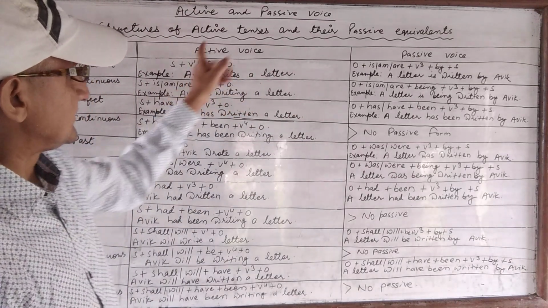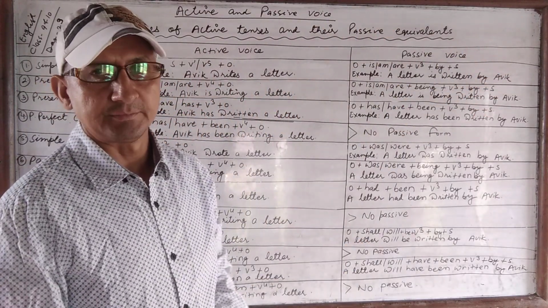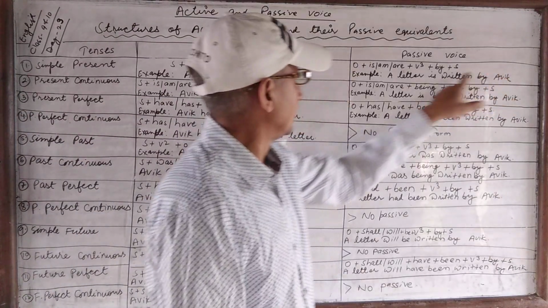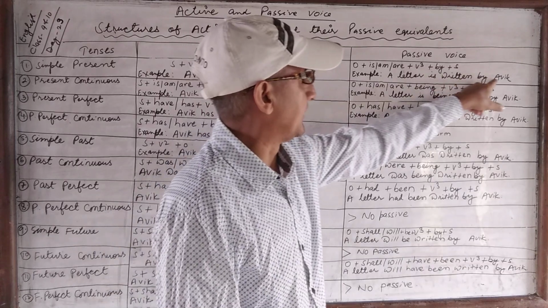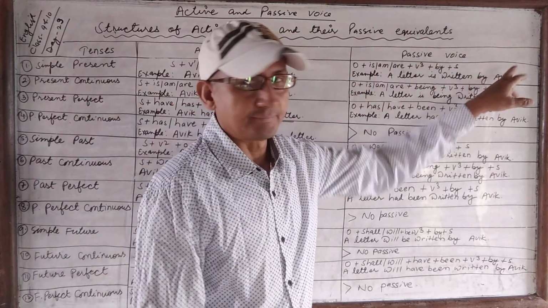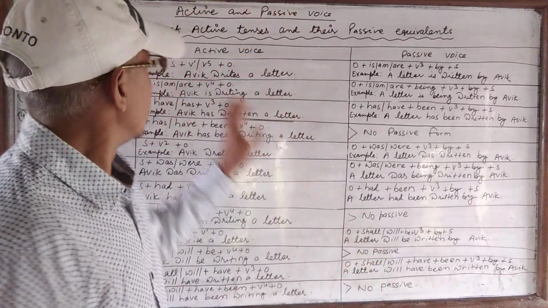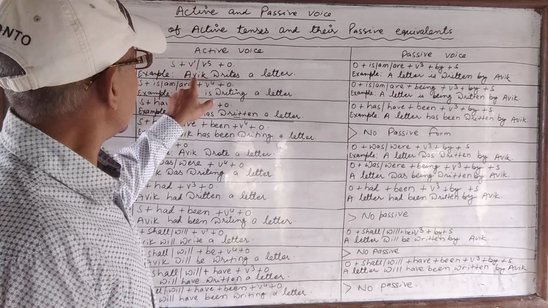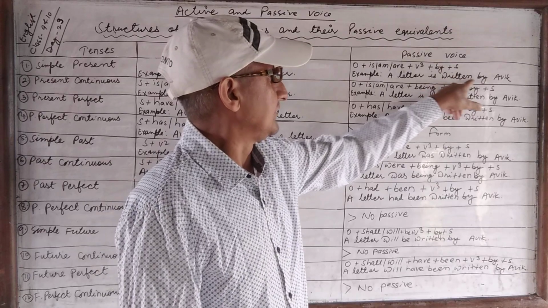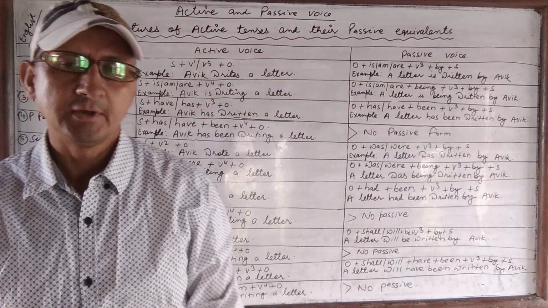And the I changes into me in passive voice. For example, a letter is written by me. We don't say a letter is written by I. And you: you write a letter. There is no change of you. A letter is written by you.